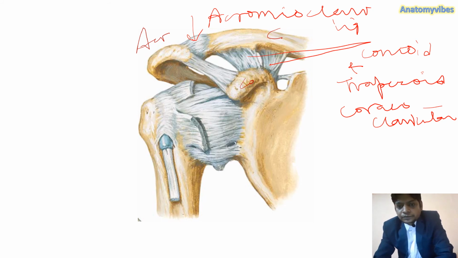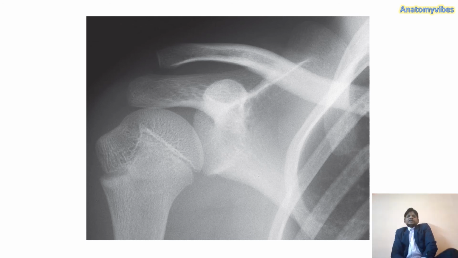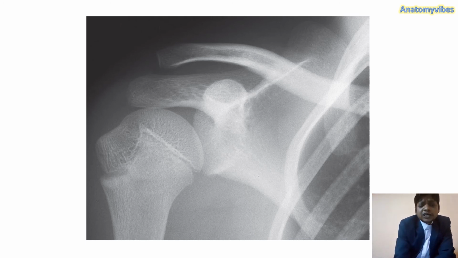Now, in this X-ray, you can see the clavicle along with adjoining bones. So this is the upper end of the humerus, head of the humerus going in glenoid fossa. This is the head of the humerus. This is glenoid fossa of the scapula. Here you can see coracoid process of the scapula.